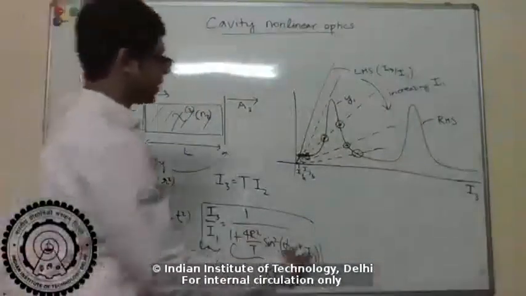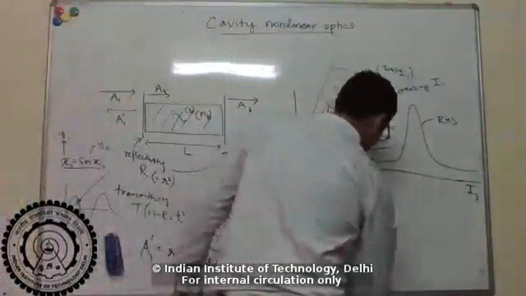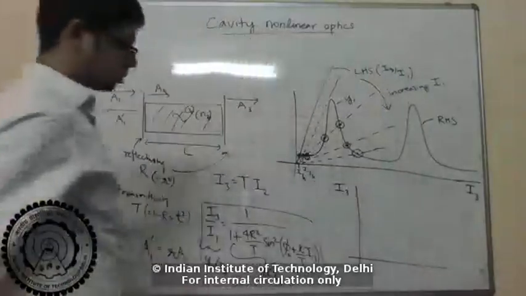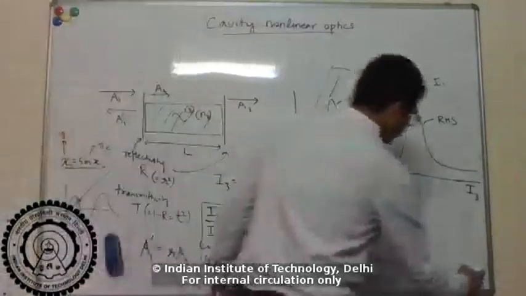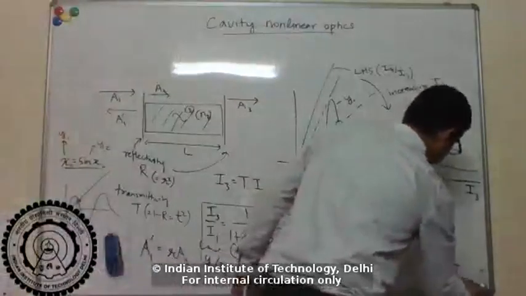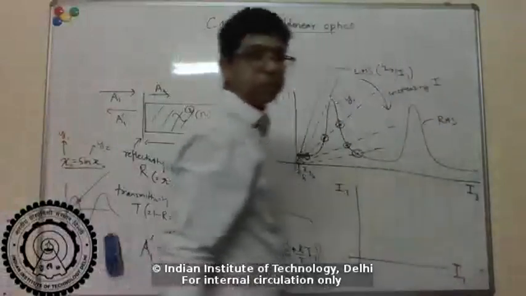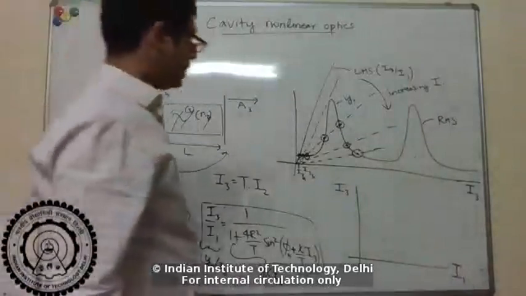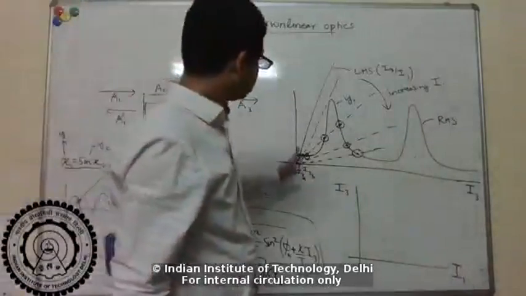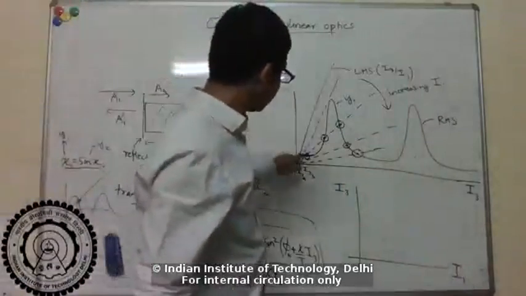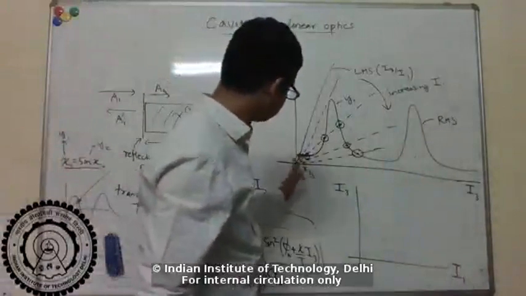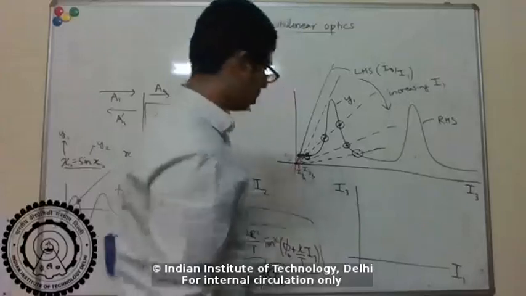Now, basically, I can try to plot what I'm interested in. So let's say the transmitted intensity I3 as a function of my input intensity I1. For low intensities, the slope is high. I'm getting an intersection here, and that value of I3 is small. It's here towards the left.